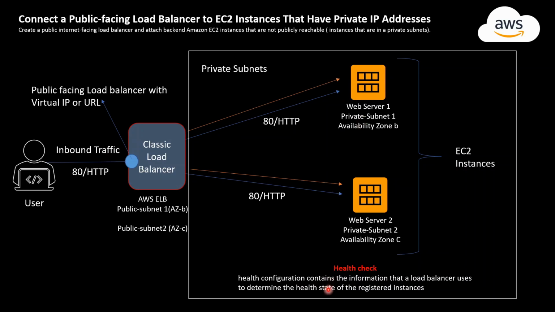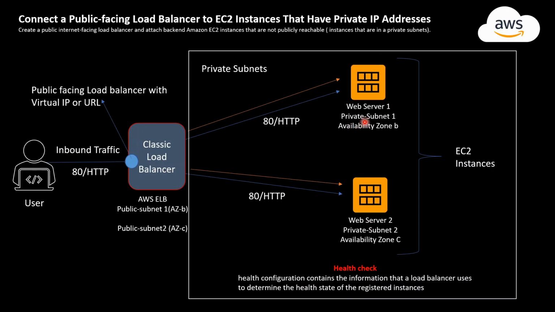And we also have a constant health check configured and provided by our classical load balancer. So the health check configuration contains information that a load balancer uses to determine the health state of the registered instances.